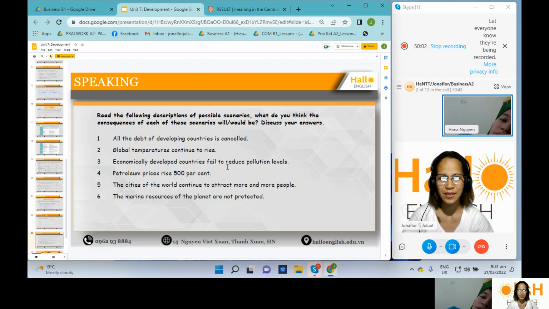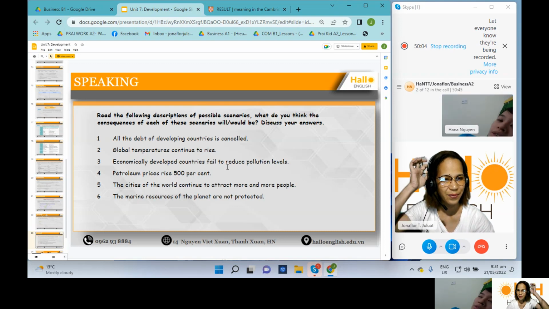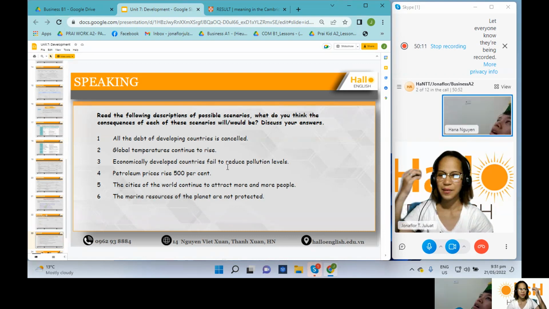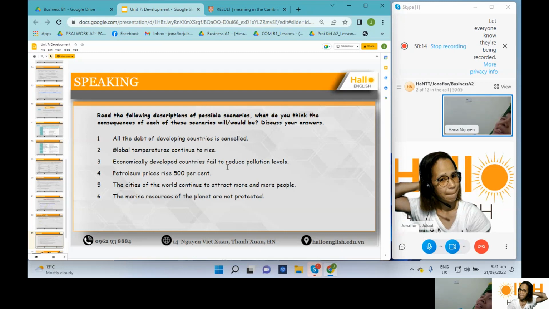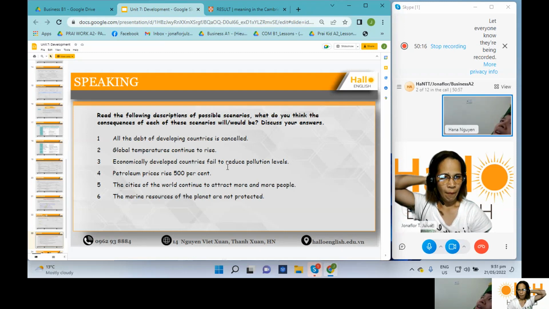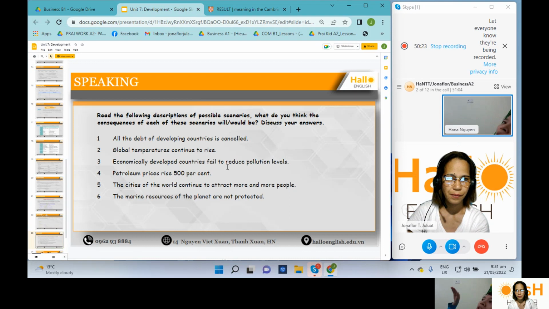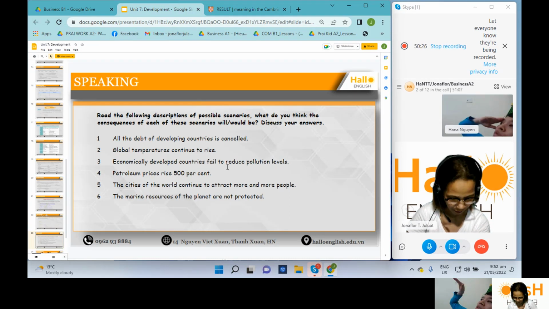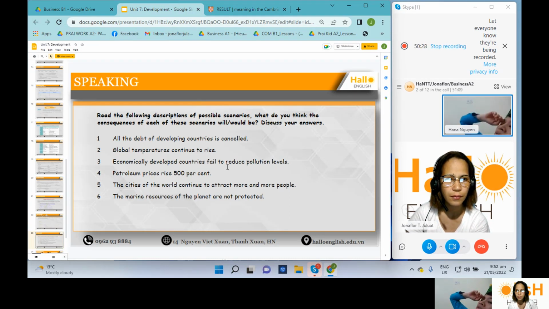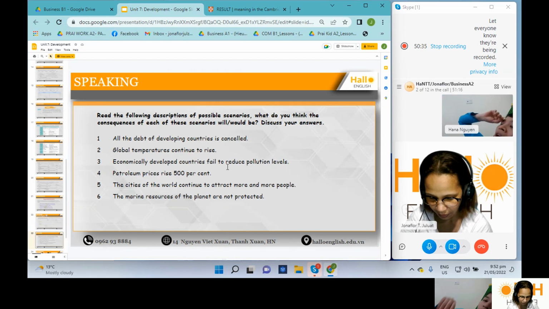Number two: global warming continues to rise. What will happen if the global temperature continues to rise? Maybe the islands, the water... What will happen to the water?